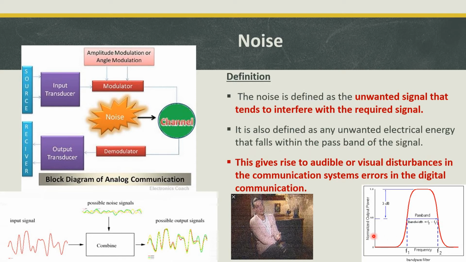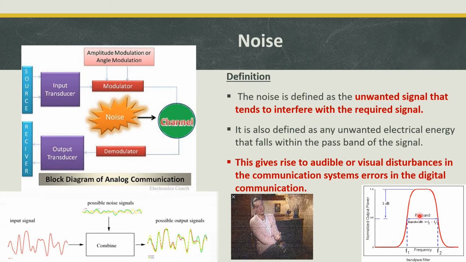For example, consider one radio station that transmits with a frequency starting at F1 and ending at F2. This band is called the pass band for that radio station, with an upper cutoff frequency and a lower cutoff frequency.